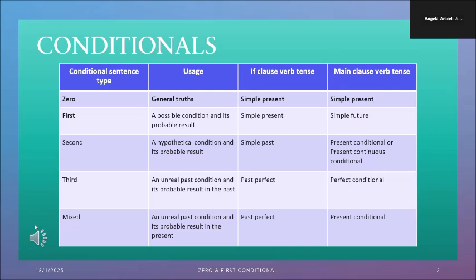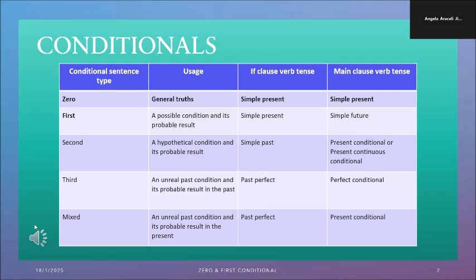Second conditional. It refers to a hypothetical condition and its probable result. It is formed by the if clause in simple past and the main clause in present conditional or present continuous conditional. Third conditional. It refers to an unreal past condition and its probable result in the past.